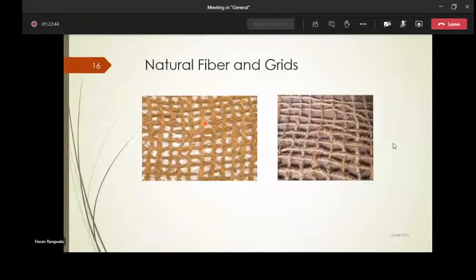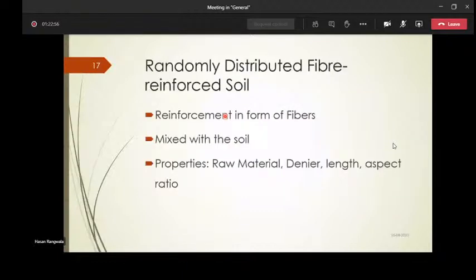So you have one more added advantage, being a natural, non-polluting material. Then we come to the randomly distributed fiber reinforced soil system.